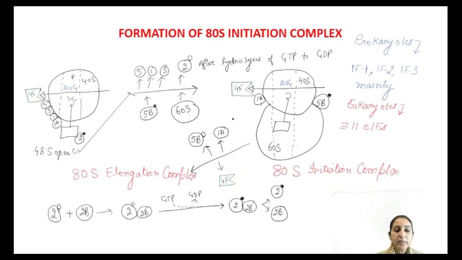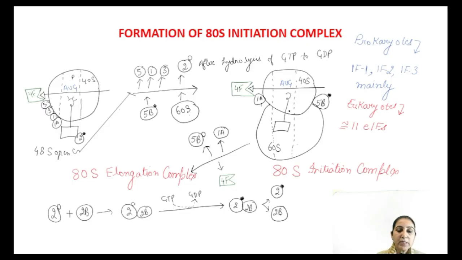For that, all three get removed, that is, 4F also gets removed, 1A also gets removed and 5B also gets removed after dephosphorylation, or after conversion of GTP to GDP. So all three get removed. This is factor 4F, this is 1A, this is dephosphorylated 5B.